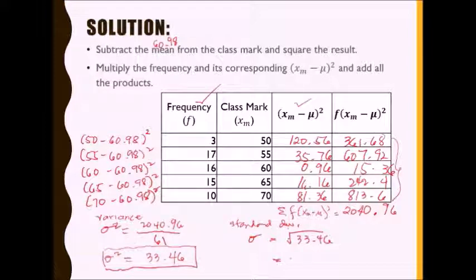So the population standard deviation is 5.78. Okay, so that's the first example.